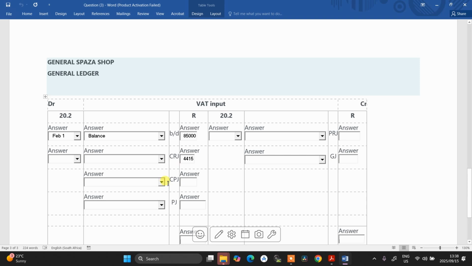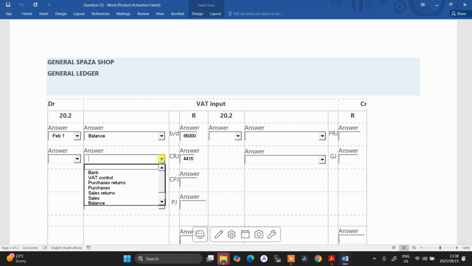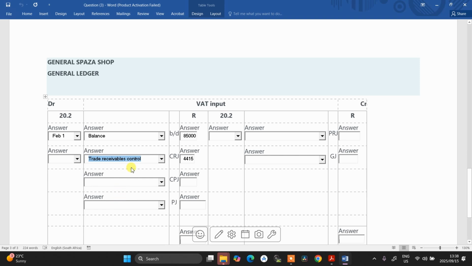And then the name of the account that is going to be credited for this amount is going to be our trade receivables. So search for your trade receivables control. This is going to be recorded on the 28th. All this falls under the 28th.